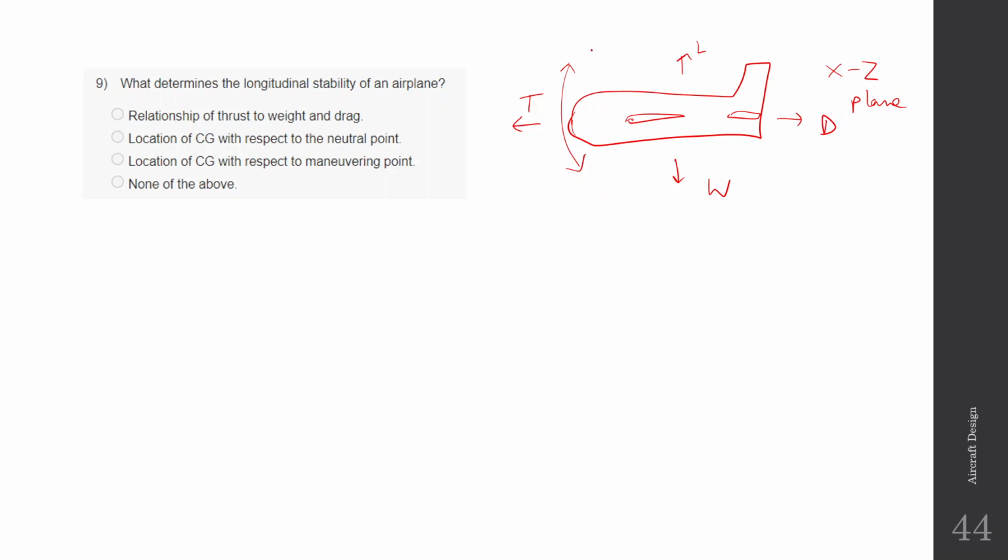I forgot the symbol, so this is pitch. So thrust, lift, drag, weight, and pitch. Stability in these forces and moments is called longitudinal stability, and lateral stability will be all the other things.